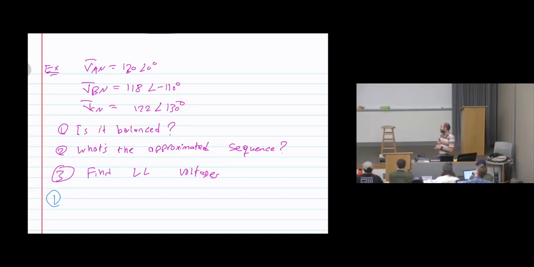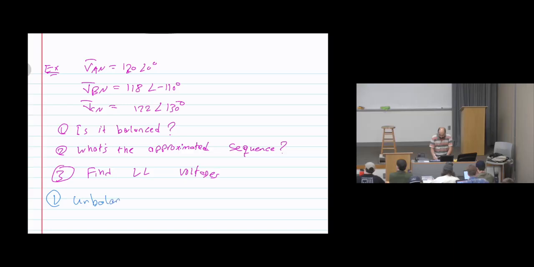Do they have the phase shift of 120 degrees? 0 and negative 110, no. Negative 110 and 130, 130 and 0. So no, they are not sharing this 120 degrees. You need to make sure all three share 120 degrees when you do the subtraction. So they are not. Therefore, we will say it is unbalanced.